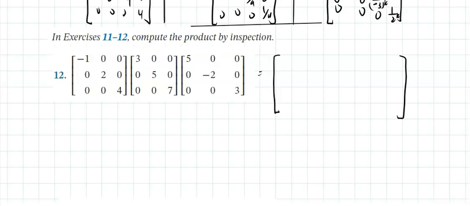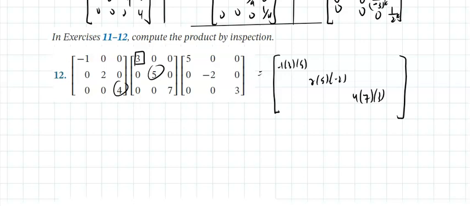You are going to multiply the 3 by a negative 1 times 3 times 5. And the 5 you're going to multiply by 2, 5, and a negative 2. And the 7, you're going to multiply by a 4 and a 3.